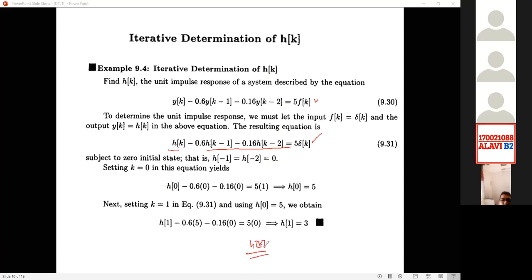Now, if this equation is available, you can solve it recursively in this way. You know that our variable is k, and equivalently n in your book. So this is your delta[k], which appears at k equal to 0 with magnitude equal to 1, isn't it?